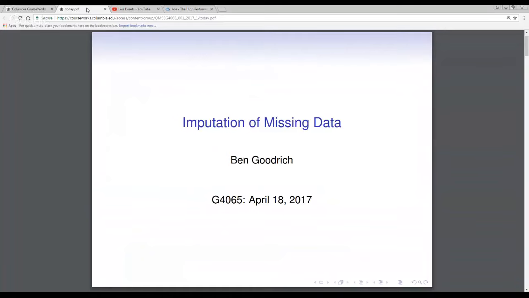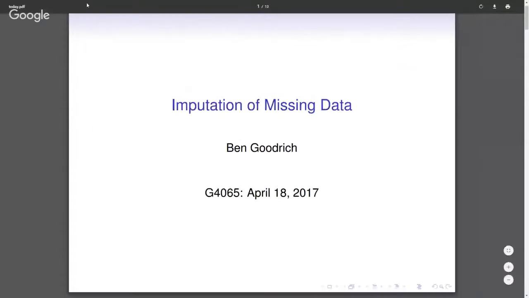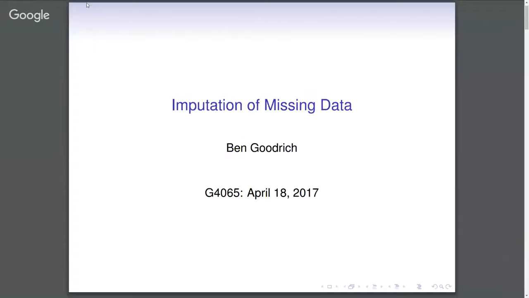Okay, so missing data is kind of an extension of mismeasured data, or maybe mismeasured data is a special case of missing data. In the example we talked about before, the true x was missing, but we believed it was related to the observed x through a simple process.